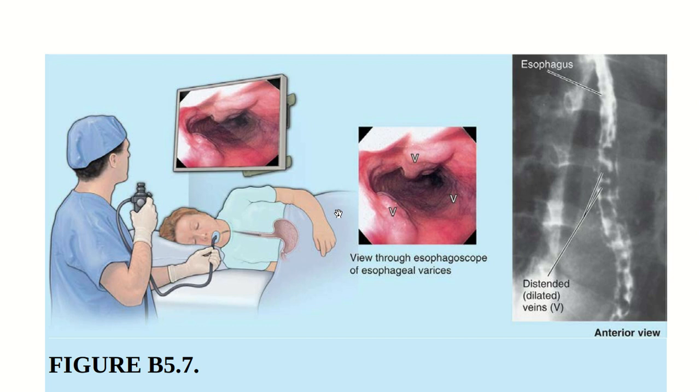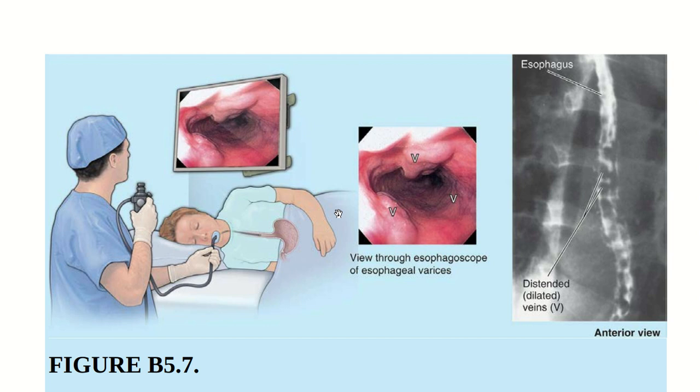Remember, you have your liver, and the portal vein drains into the liver, and from the liver the blood goes into the inferior vena cava. So in a patient with liver cirrhosis, you're going to have fibrosis of the liver, and that will lead to blockage of some branches of the portal vein within the liver. So this will lead to what we call portal hypertension.